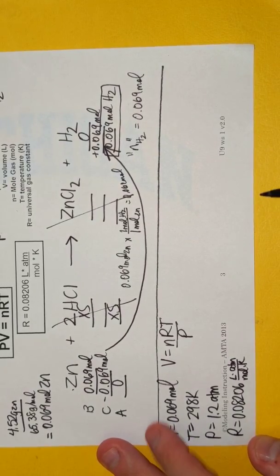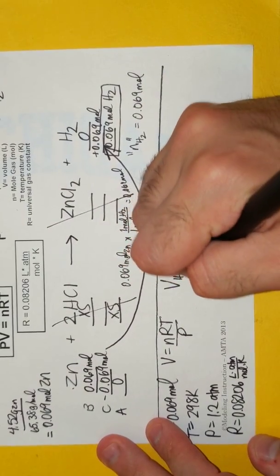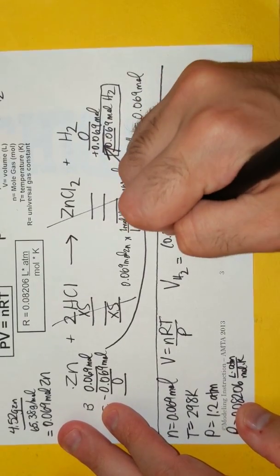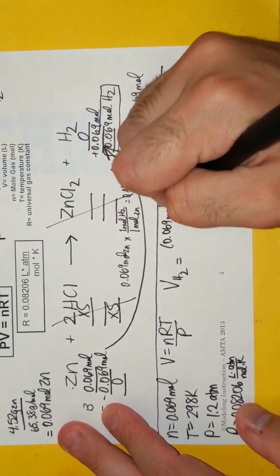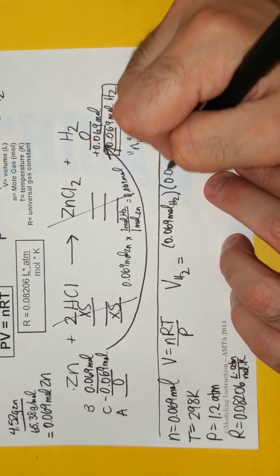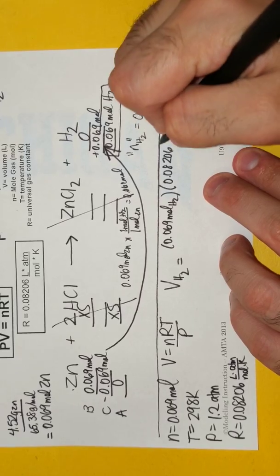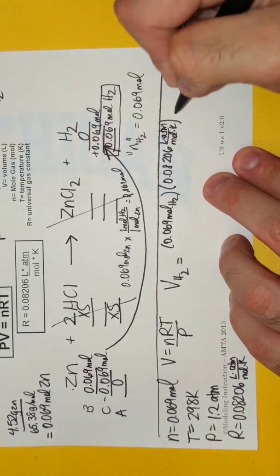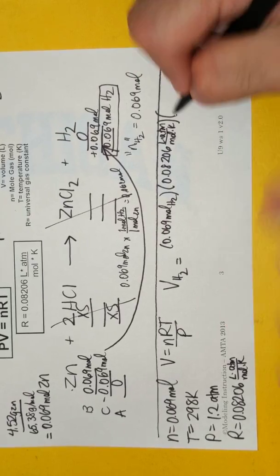Now all I have to do is plug and chug. If I want the volume of H2, n is 0.069 moles of H2, R is 0.08206 liters times atmospheres per mole Kelvin. I always include the units, and I'm going to show you how they cancel out.